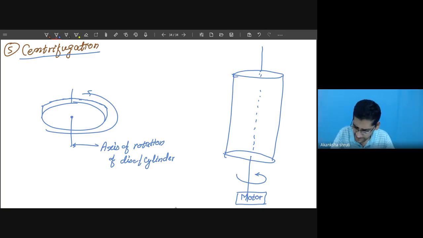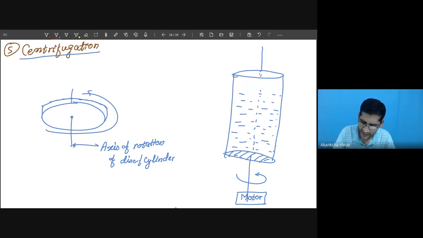So in this, when the mixture is placed, say the mixture contains different particles of nearly same size but slightly different mass, like your blood components or dirt in your cloth.